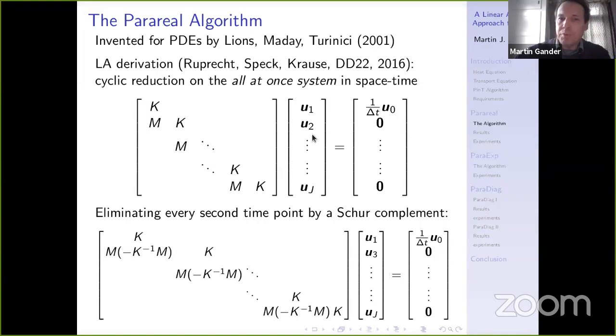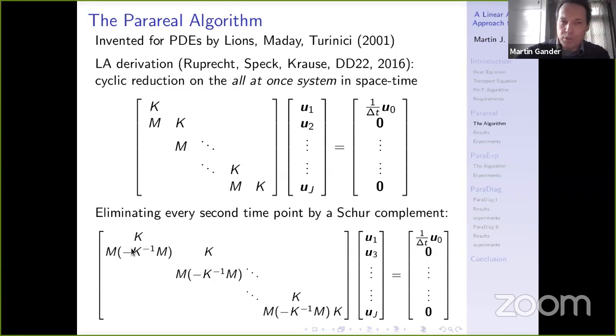So if I want to eliminate U2 from this system, I can calculate the Schur complement. In the new system, I only have U1 and U3, and you can see that U2 has been eliminated. What you see appearing here is just 2 time steps, because you have to do 2 time steps to go from U1 to U3.